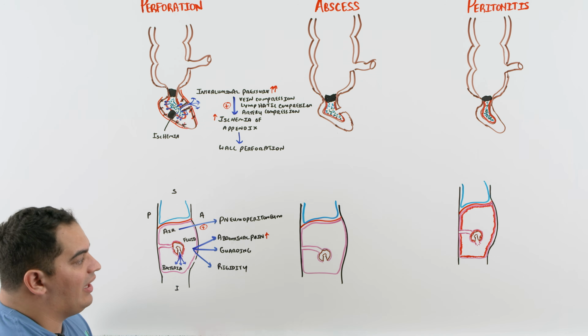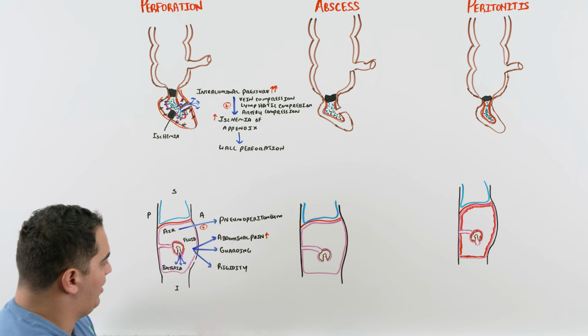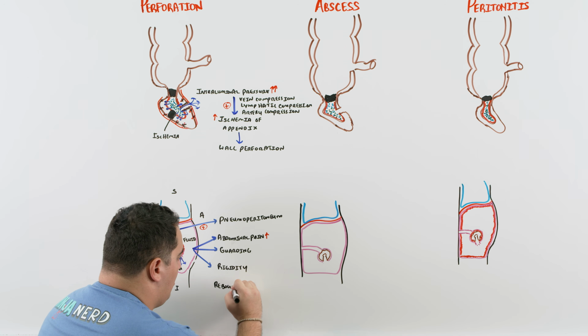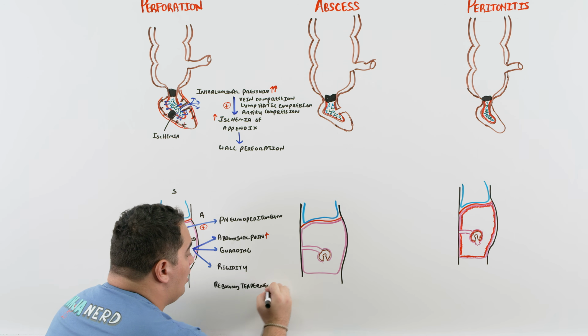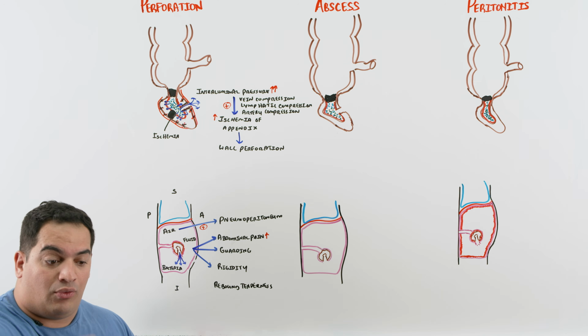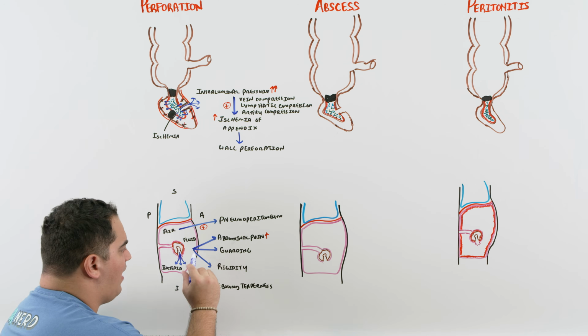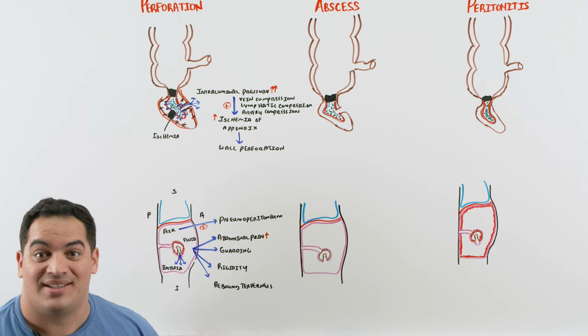Another one could be even like rebound tenderness as well, where you try to push down. This is basically when you try to press down on the abdomen and then you release really quickly. Whenever you're releasing, the pain is intense. And so that's kind of an interesting finding, and that's usually suggestive of perforation or related peritonitis.